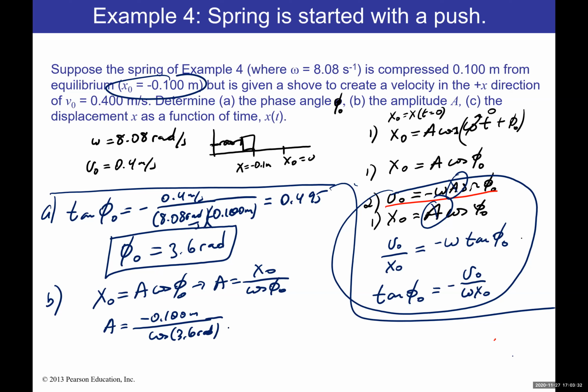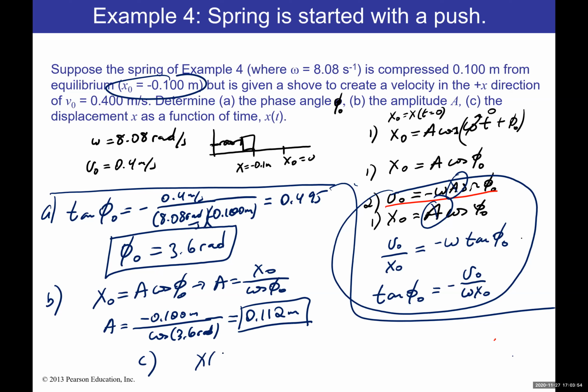And remember, when you're doing this type of calculation, make sure your calculator is set to radians. If we calculate, we get 0.112 meters. That's my amplitude, basically 11.2 centimeters. Part C says find the displacement as a function of time. That means write it down.